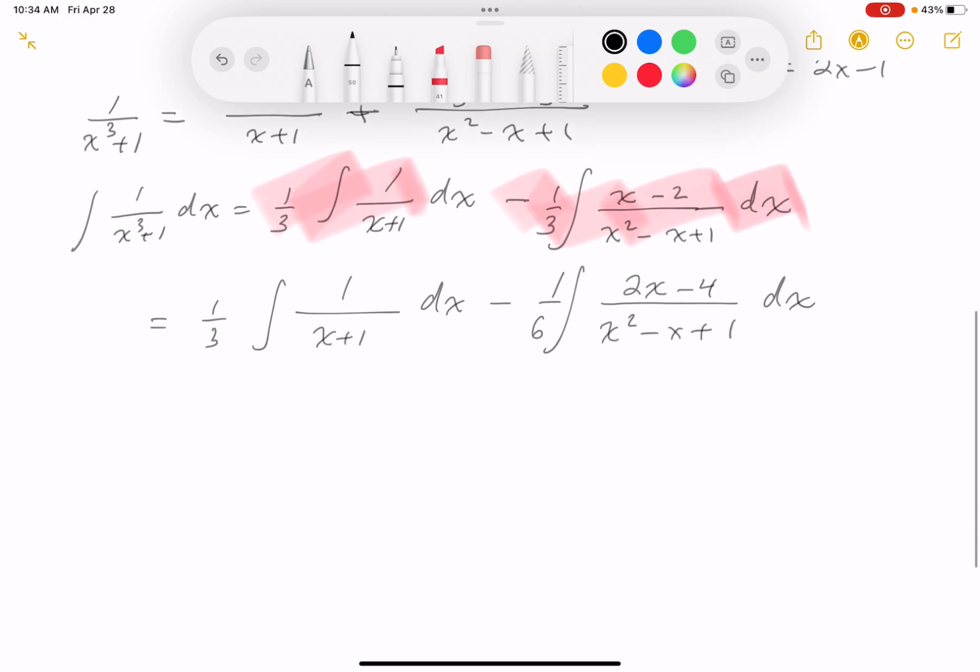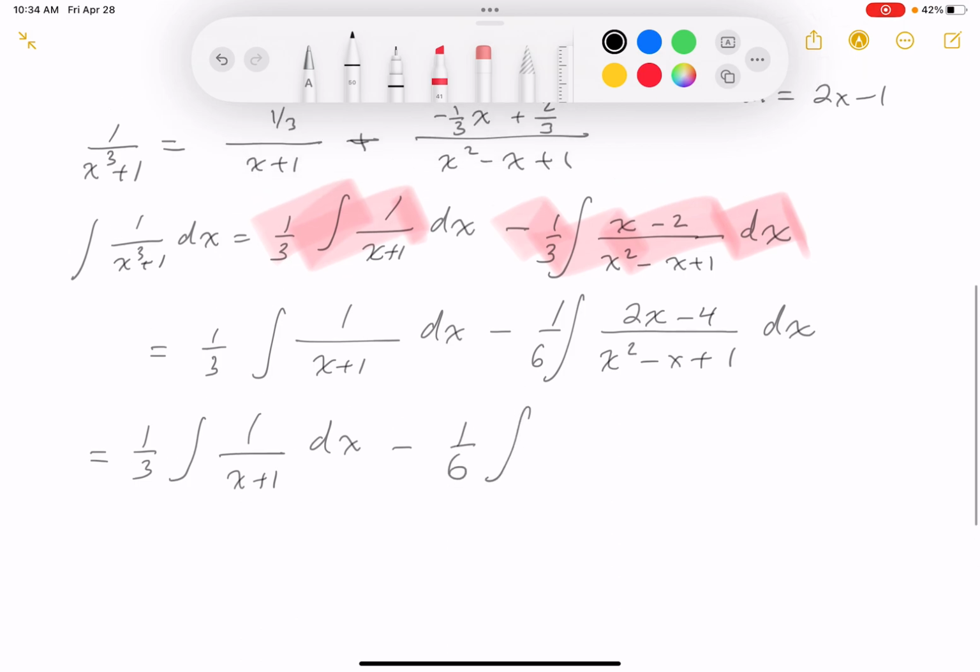Let's keep moving. And it's going to be 1/3 of the integral of 1 over x plus 1 dx minus 1/6. I'm going to split into two integrals because I want to get 2x minus 1 over x squared minus x plus 1, but I have something left over.